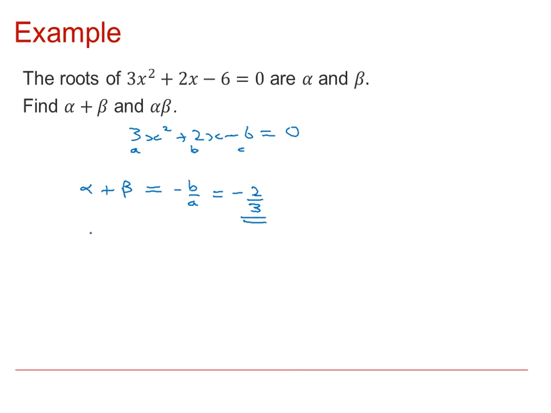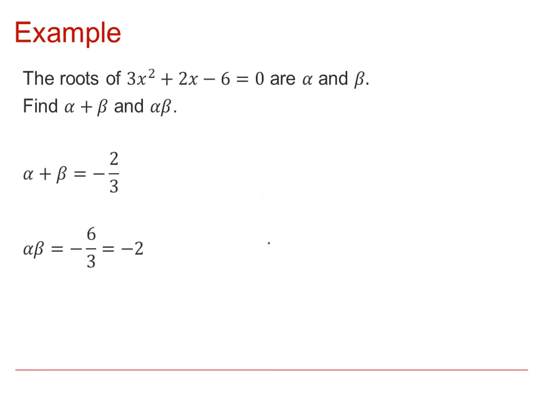We know that the product of the roots is alpha beta, and alpha beta would be c over a, which is minus 6 over 3 in this question, so that would be minus 2. So there we can see the answers previously found.